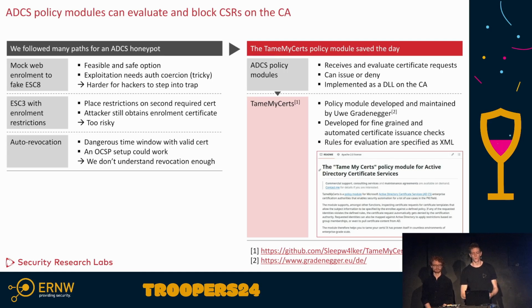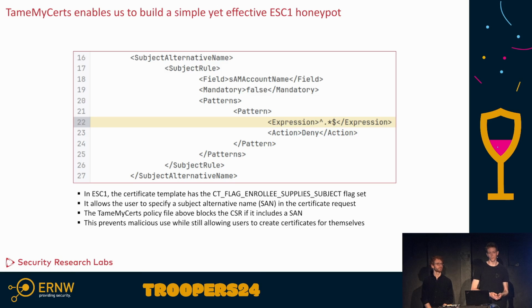It allows for very fine-grained control over the certificate issuance checks, which can be specified in XML, and it also provides some additional logging capabilities, which are great for building honeypots. So we decided to go with this and use it to build a very simple yet effective honeypot for ESC1.